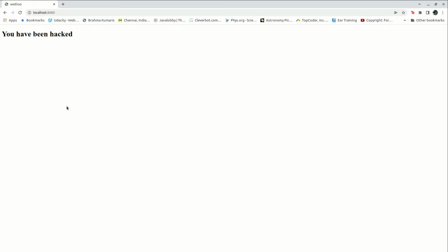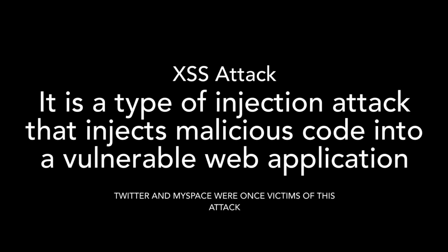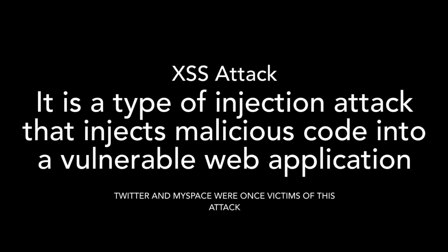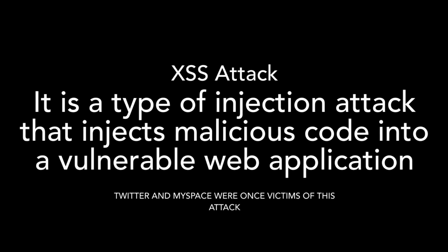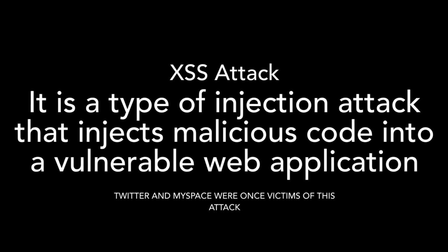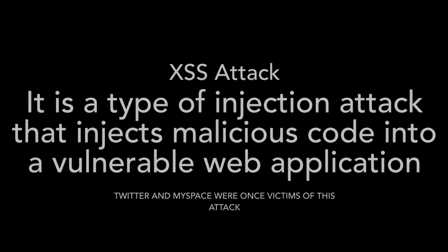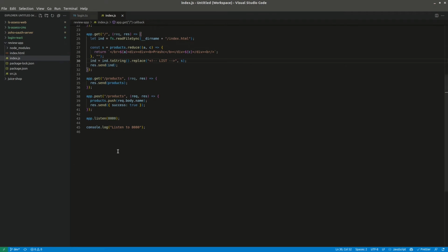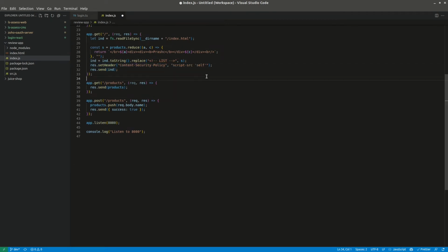So what is XSS attack? It is a type of injection attack that injects malicious scripts into the web application. Twitter and MySpace were once victims of this attack. This attack can be avoided either by validating the input fields or by adding a content security policy. Now in the code, I'm adding the header here.